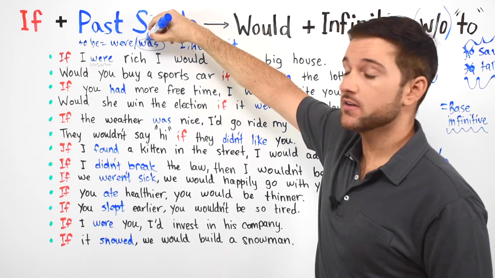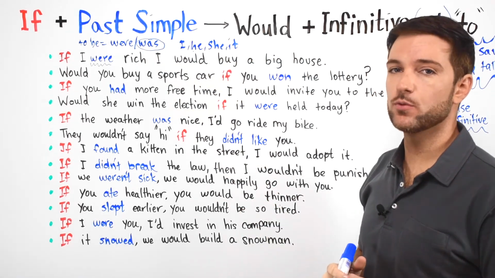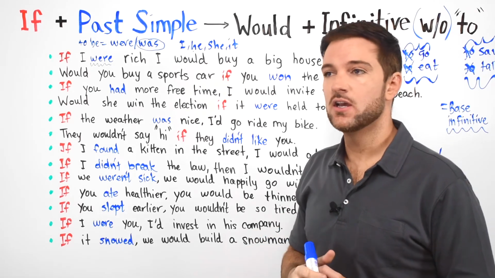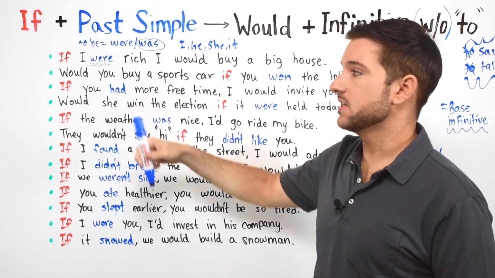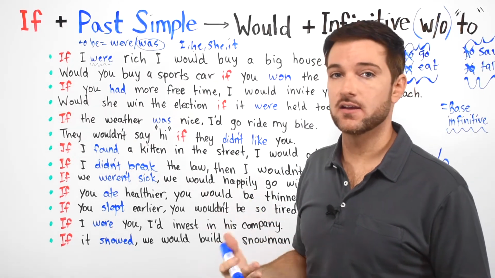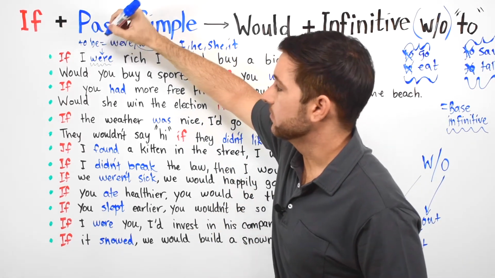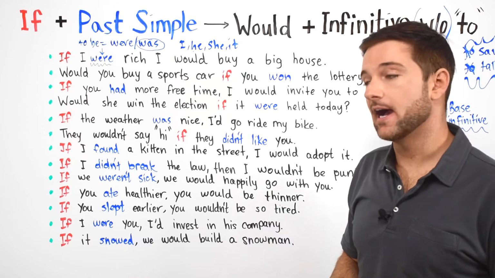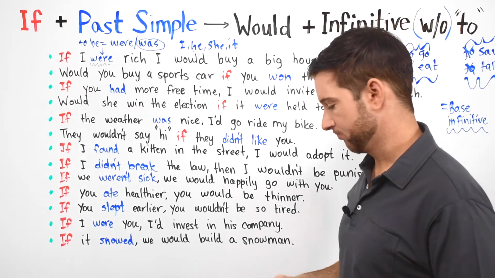But especially for American speakers of English, this can be a little subtle. So you'll hear people say both: if I was rich, or if I were rich. You'll hear both, but this one is more grammatically correct. If I were rich, I would buy a new house.